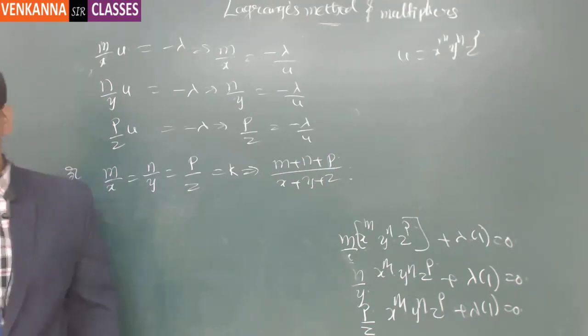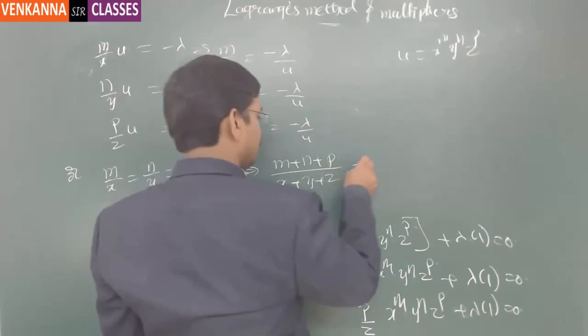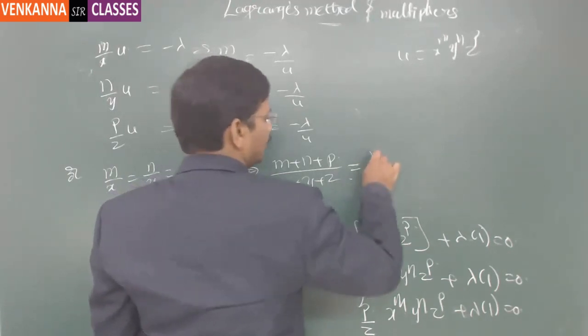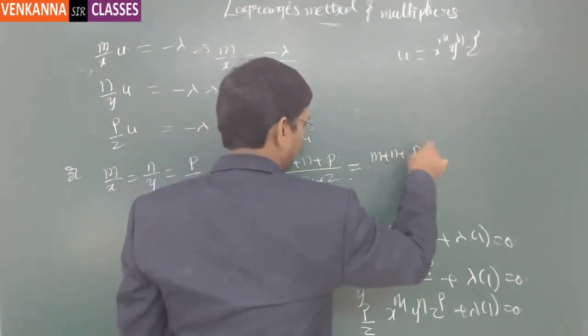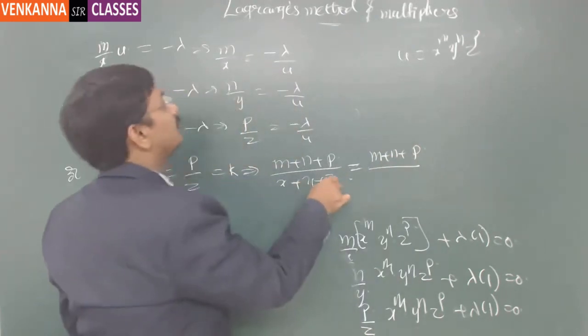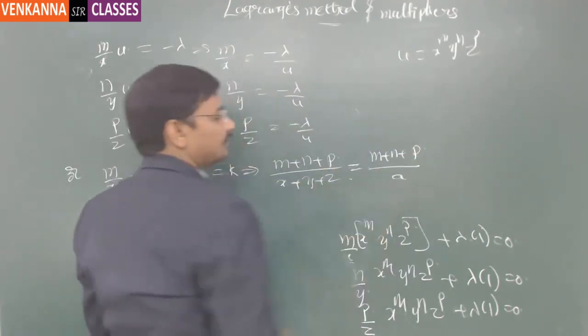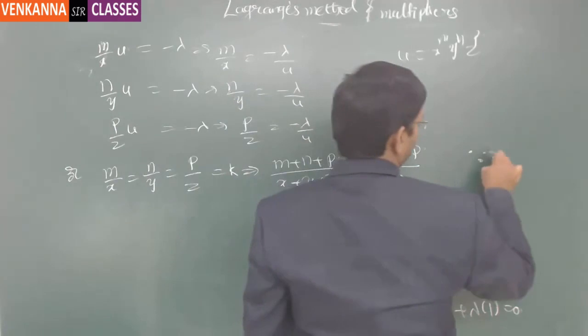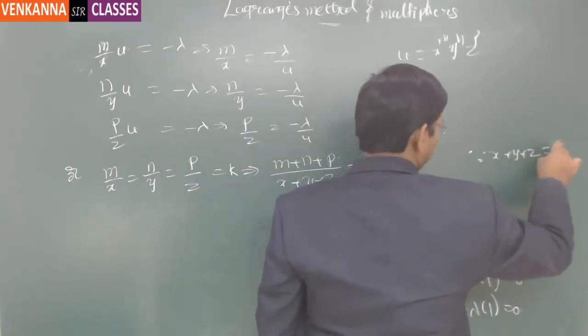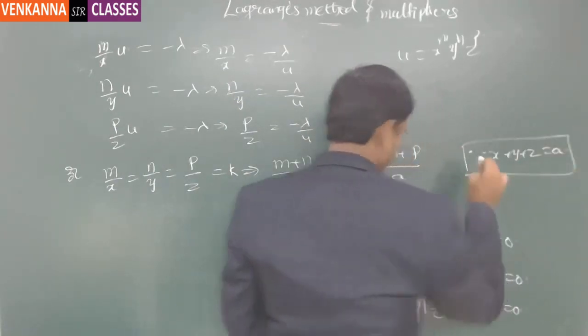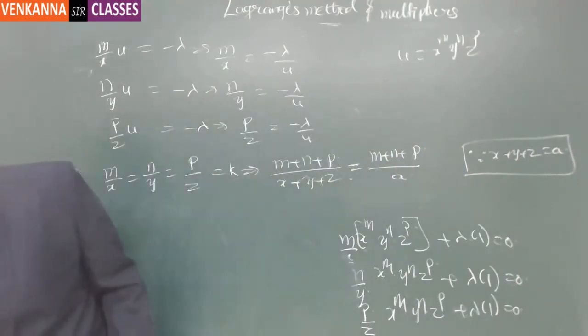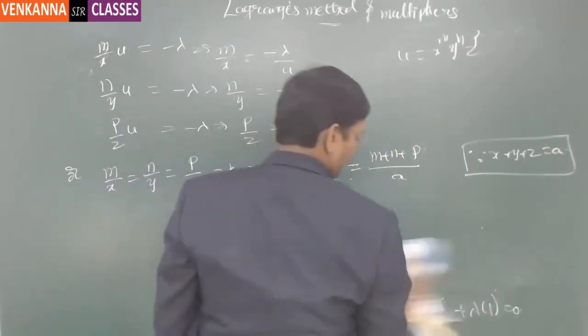Got it or not? So this value is nothing but (m+n+p)/(x+y+z) = a, which is the given condition. Since x+y+z = a, this is a condition. Now from this you can find the values of x, y, z.